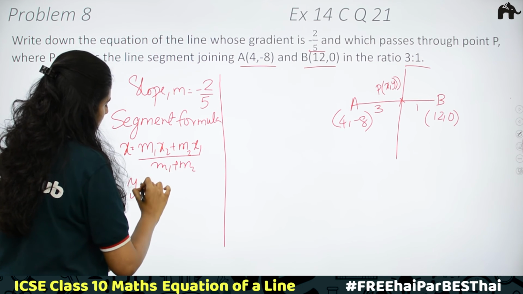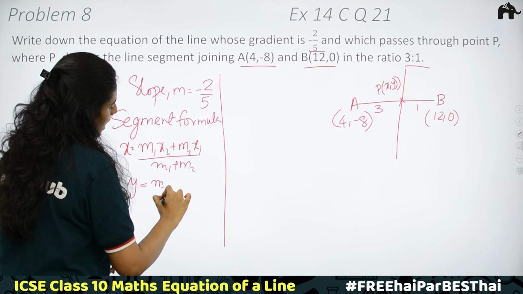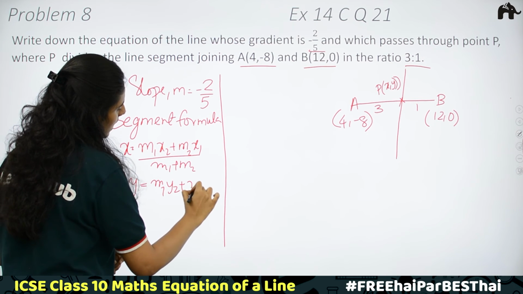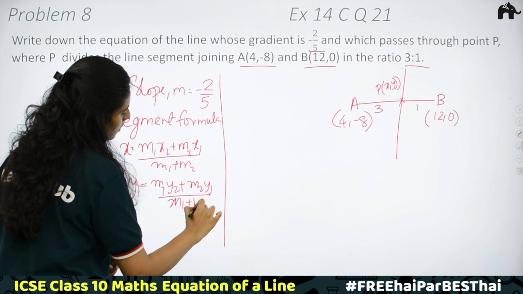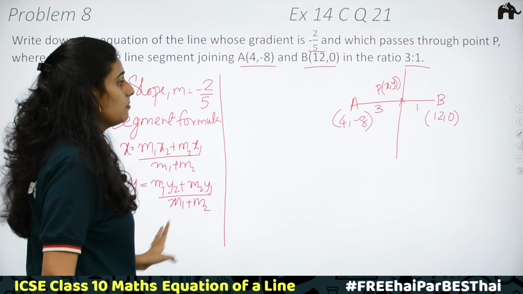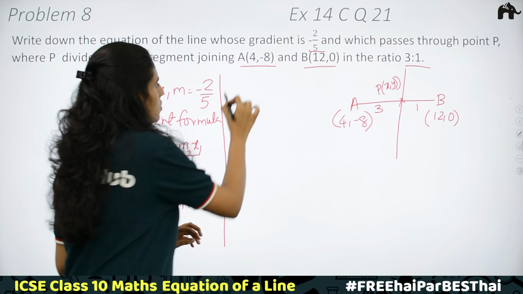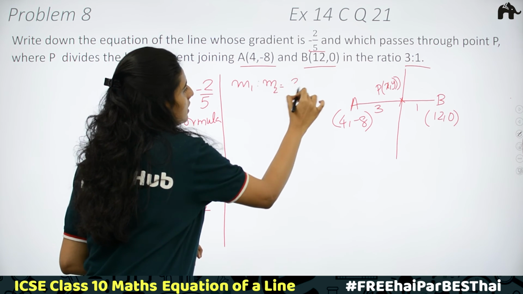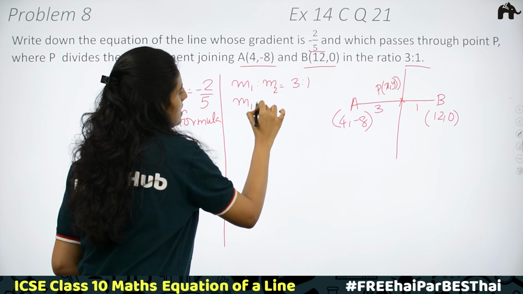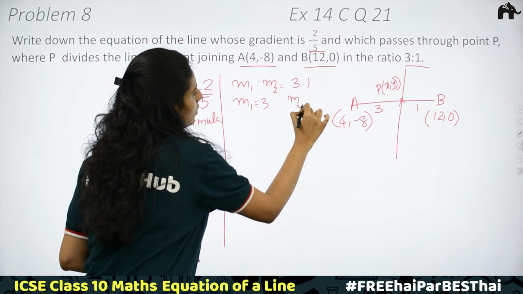And y coordinate is equal to (m1 y2 plus m2 y1) divided by (m1 plus m2). Here what is m1 and m2? m1 and m2 is the ratio. We have m1 is to m2 is equal to 3 is to 1. Therefore, m1 is 3 and m2 is equal to 1.